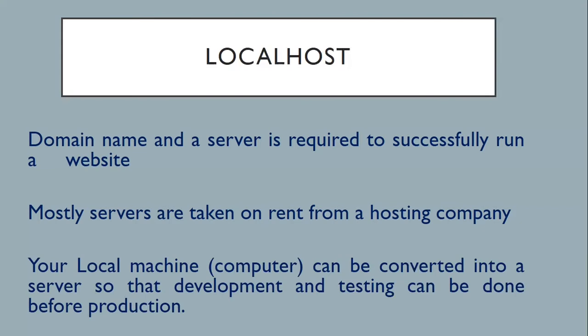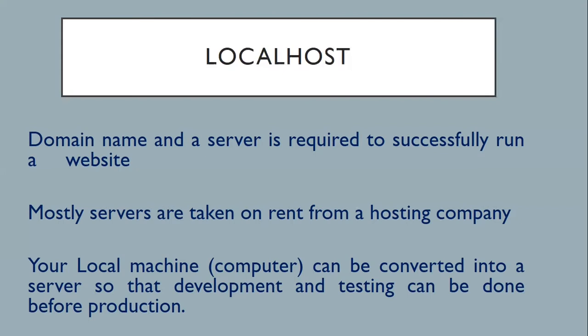Here you need to know there are two phases actually. One is the development phase and second is the production phase of your website. When you develop your website, mostly you develop it on your local computer and you test the website on your local computer.